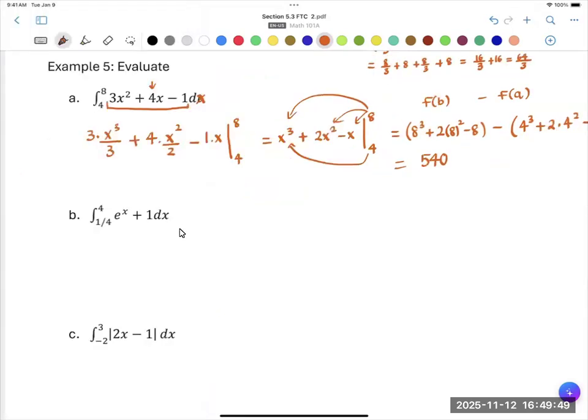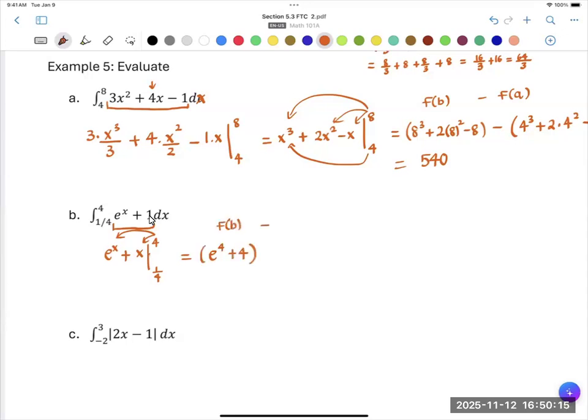Let's try this one. We have e to the power x plus 1. The antiderivative of e to the power x is e to the power x. The antiderivative of 1 is the constant times x, so it's going to be 1 times x. And we take it from 1/4 to 4. Okay? And then we substitute 4 into the function, so e to the power 4 plus 4. That is F(b).